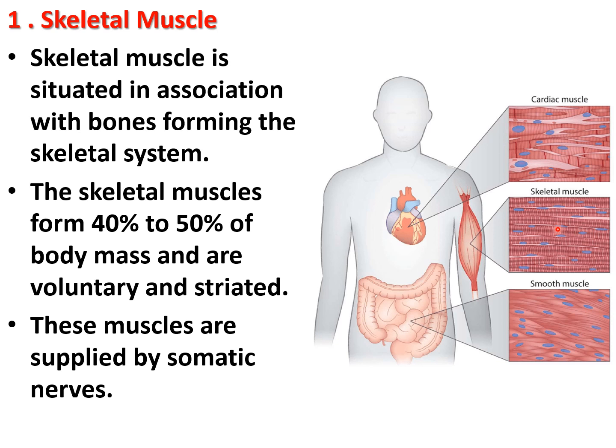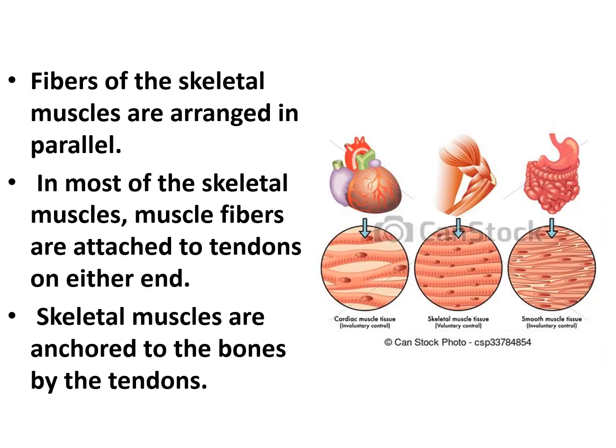In this figure you can see very well that striations are present, and these muscles are supplied by somatic nerves. Now, fibers of the skeletal muscles are arranged in parallel, and in most skeletal muscles, muscle fibers are attached to tendons on either end, and the skeletal muscles are anchored to the bones by means of tendons.